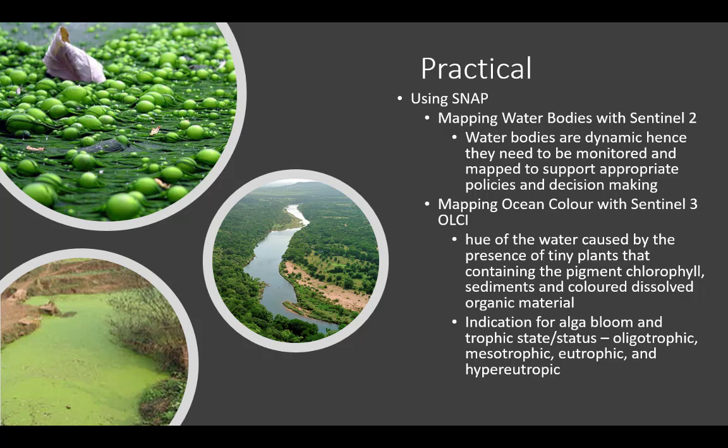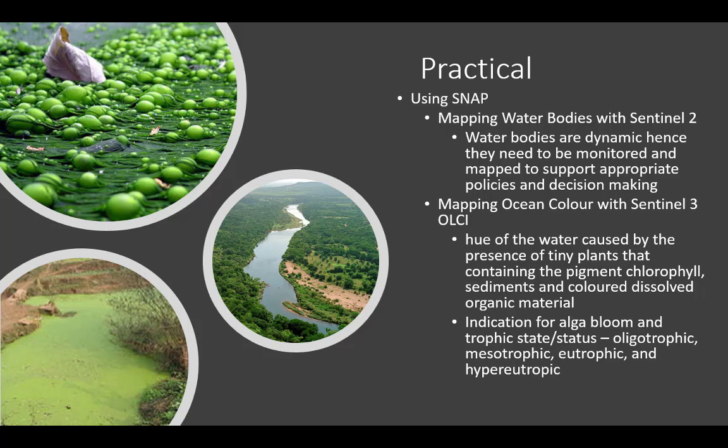We're going to use Sentinel-2 to map water bodies within a particular area, because water bodies are quite dynamic in the rainy season, in the dry season, in different parts of the country or different parts of the planet. There is a need to monitor them to see how they're changing as a result of human activity or climate change and so on. So we're going to look at that using Sentinel-2.